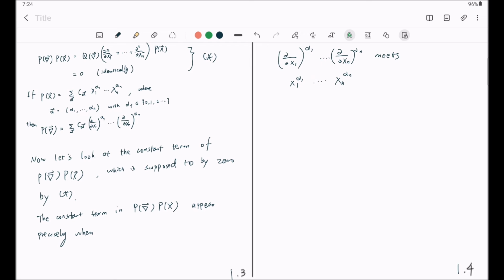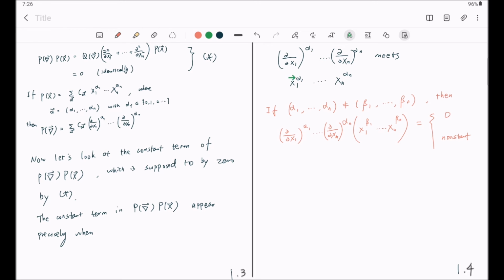In any other case, if the n array alpha 1 through alpha n is not equal to beta 1 through beta n, then this application will either give us 0 or some non-constant, say some monomial that is not equal to 0.